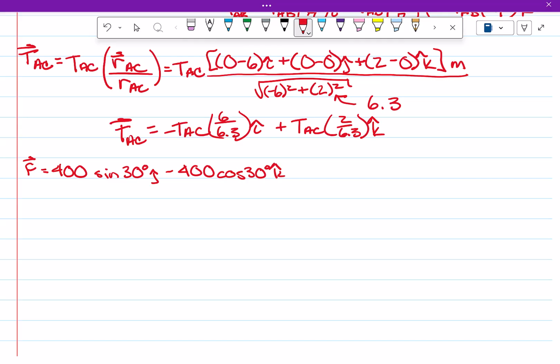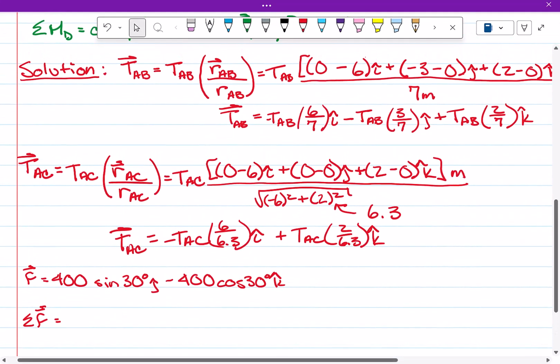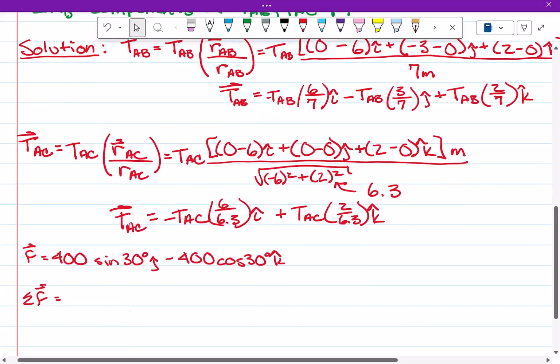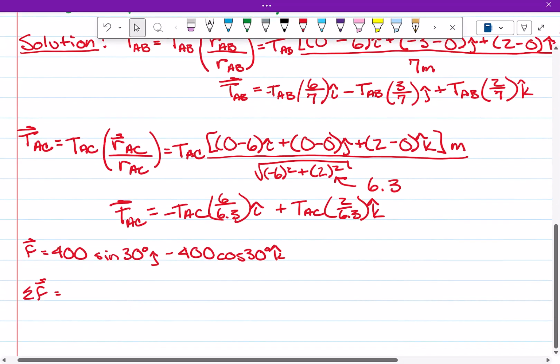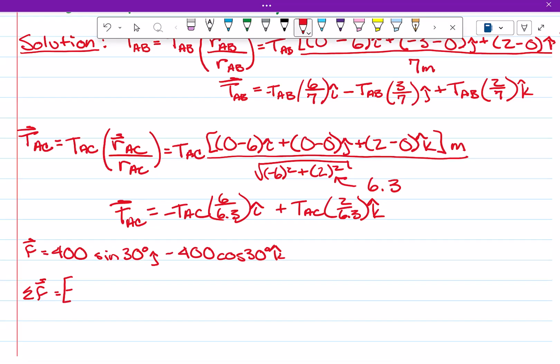So let's go ahead and take the sum of the forces, and we're going to do it by Cartesian coordinate. So if we look at our tension AB in the I, we have negative 6/7 TAB.